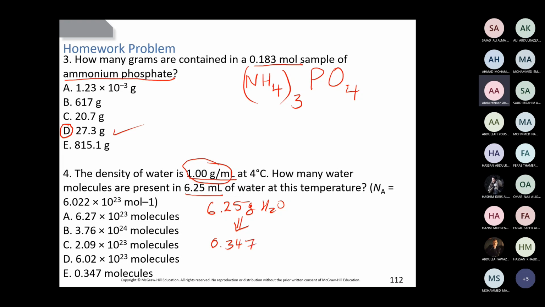Who got the same answer? Yes. Now, how can you change it to how many molecules? Multiply it by Avogadro number. Exactly. Give me the final answer. 2.09 multiplied by 10 to the power of 23. Who got the same answer?